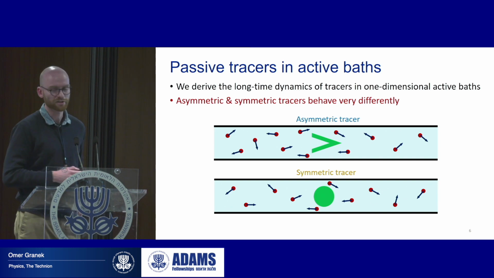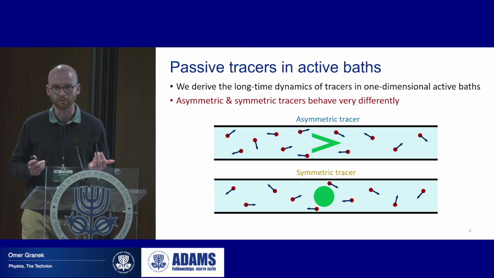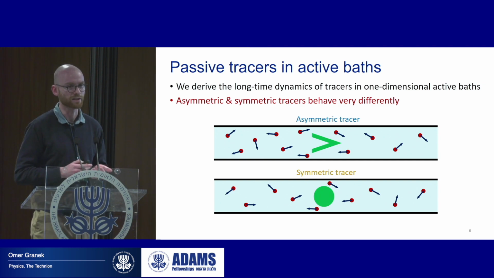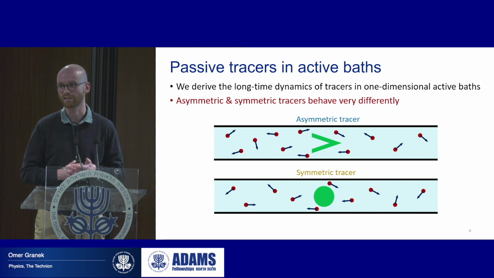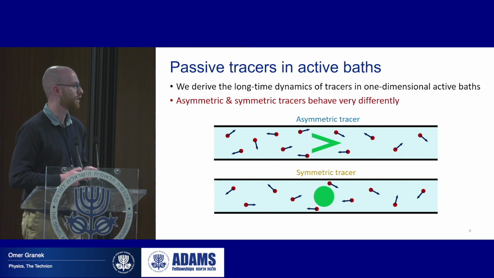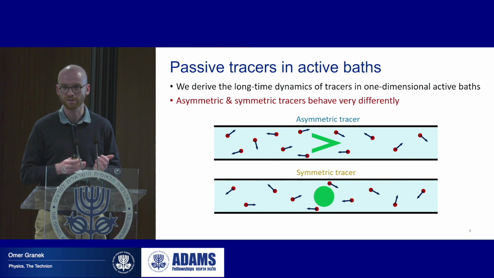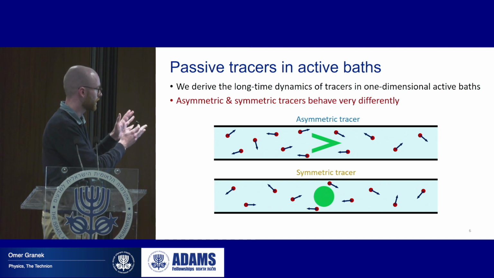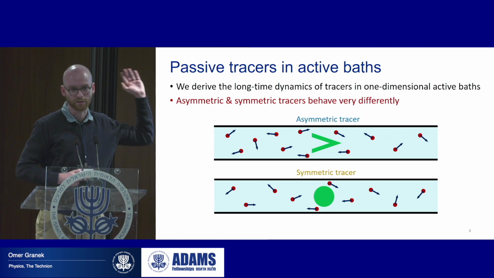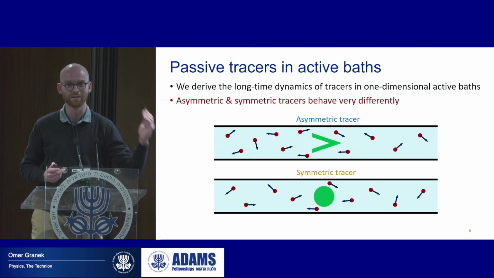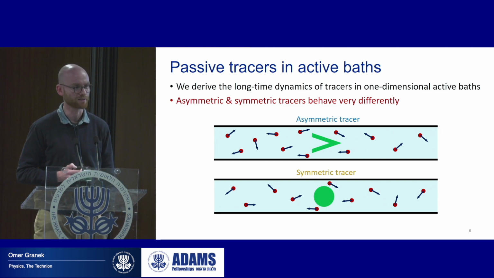And now I would like to give you a brief overview of the result without getting too much into technical details, but I can, of course, discuss this later. Basically, we start with the microscopic equations of motion of both the active particles and the tracers. So we have the full many-body problem of many particles.